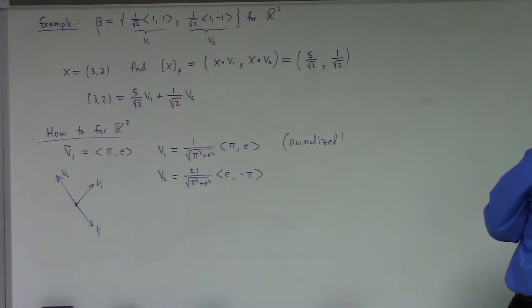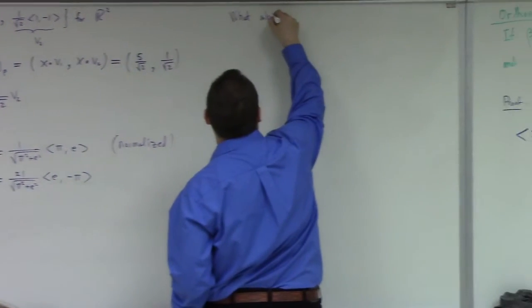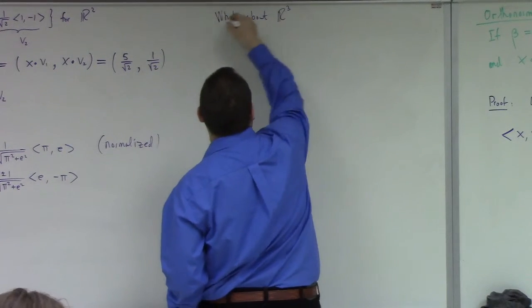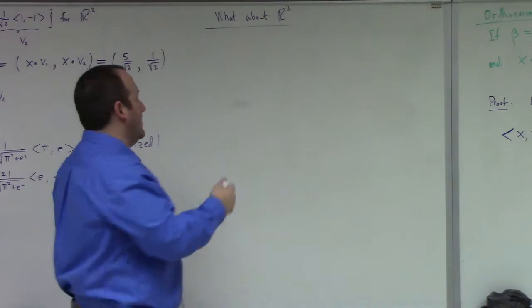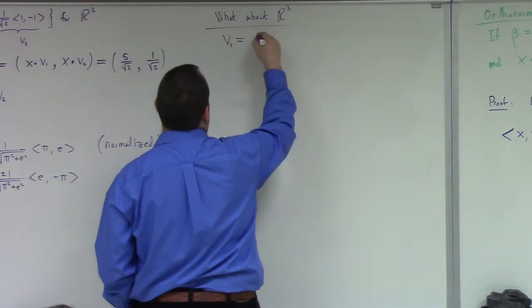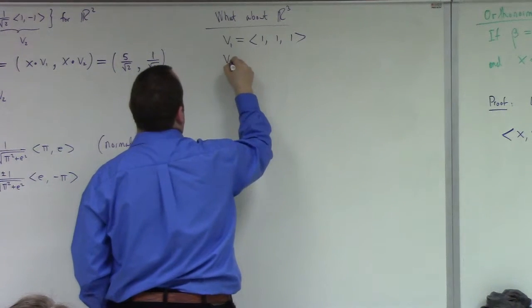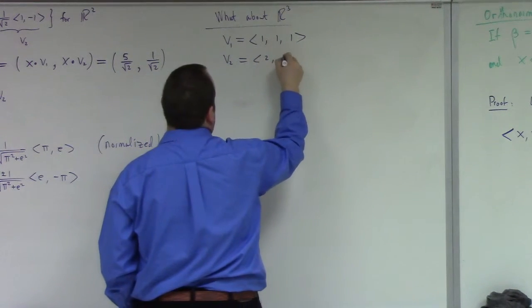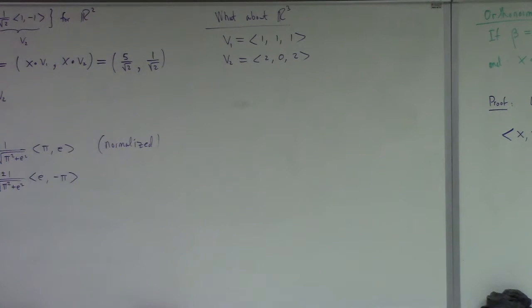How about R3? So you guys give me 2 vectors. I'm going to start. Suppose we had started with v1 = (1, 1, 1), and v2 = (2, 0, 2). Clearly, those are linearly independent.